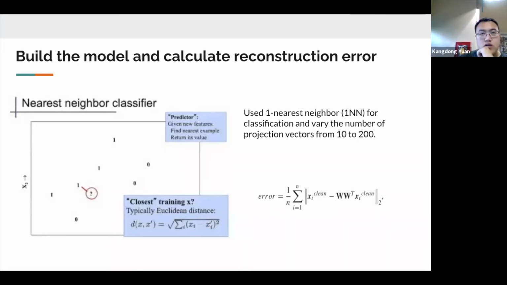Then they build a model and calculate the reconstruction error. They build the nearest neighbor classifier, which can return the class for each data point. They use this formula to calculate the reconstruction error and make the table and graph to compare their results.